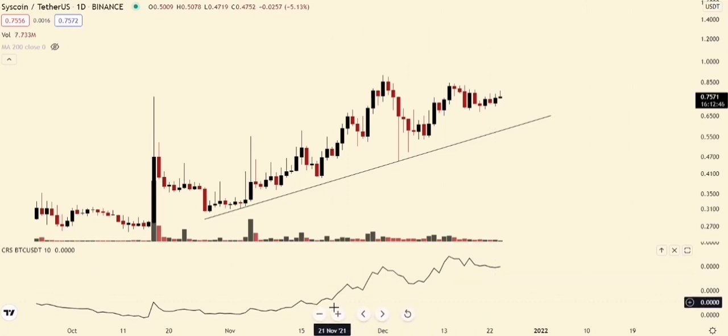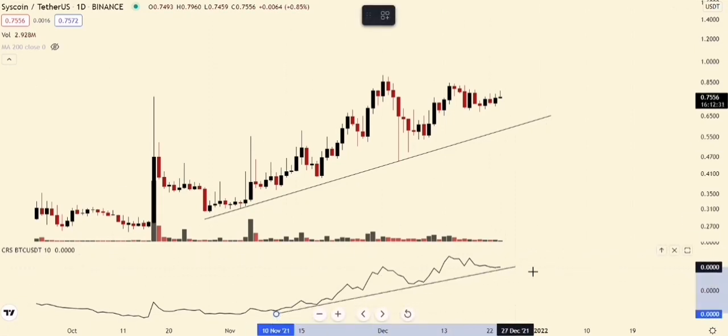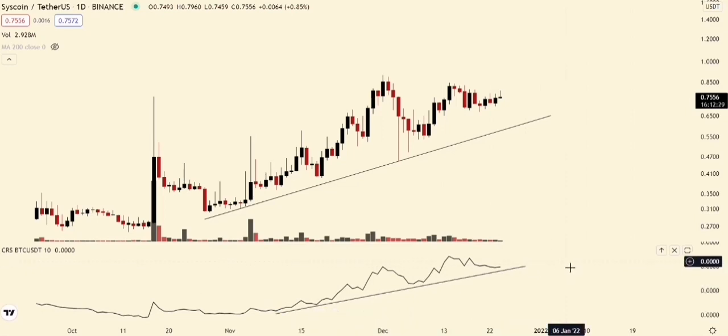If the line is trending up, that means SYS is performing much better than BTC. So overall we have an upward trend on the relative line, which means that SYS is performing much better than Bitcoin.